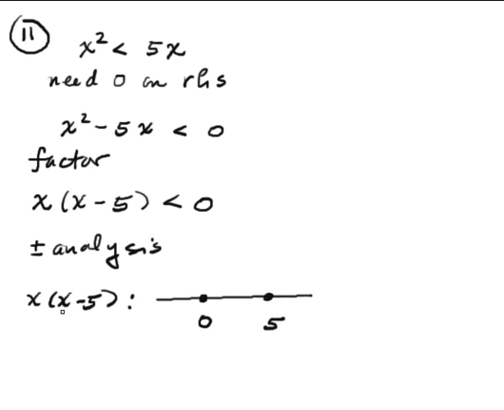To do the plus-minus analysis, we have to look in between those values and see if this expression is positive or negative. So first, let's substitute in anything bigger than 5, like 6, for example. All right, 6 is positive when we substitute here, and 6 minus 5 is positive.